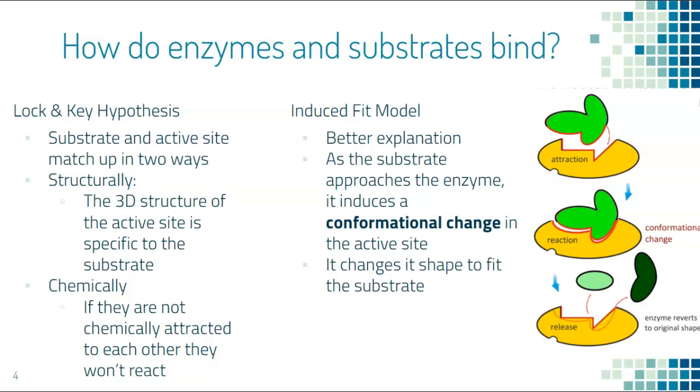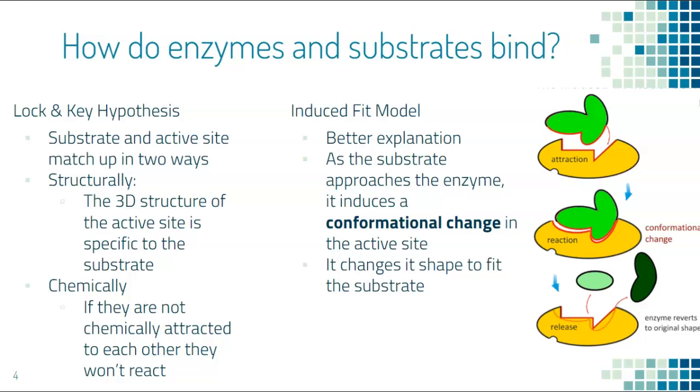So how does that happen? Well, there are two main ways that we thought this would happen: the lock and key hypothesis and the induced fit model. Now, the lock and key hypothesis is older and has been the accepted way this worked for many, many years. That is where they thought that the substrate would match up with the enzyme either structurally or chemically.